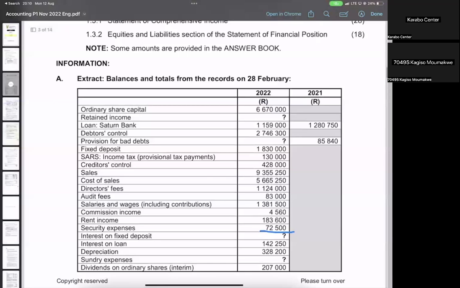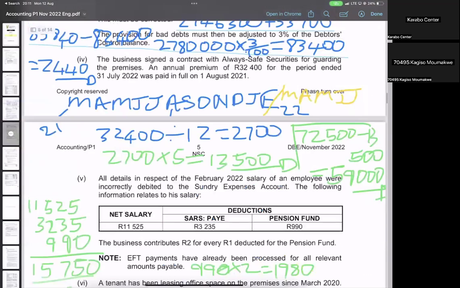So we have to use ordinary share capital, and retained income, which is a question mark. We don't have retained income. We add ordinary share capital and retained income, divide it by the total number of shares in issue, and then times it by 100, which equals the 675 cents.